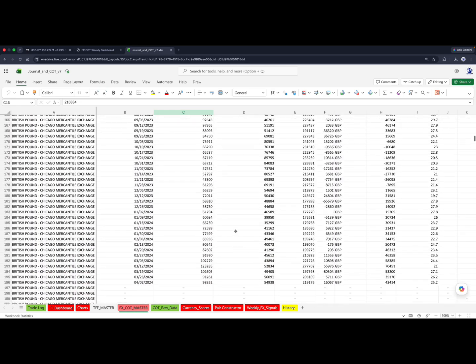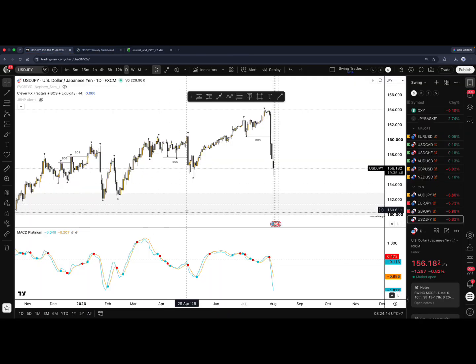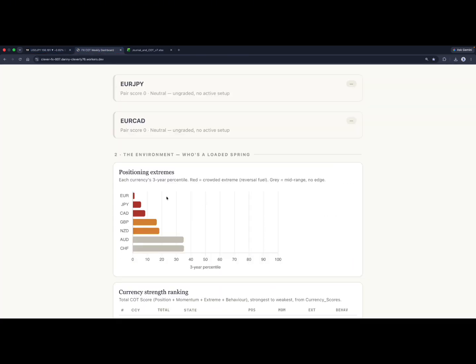This is a massive amount of data, and every single backtest that I've compiled suggests that when a currency sits at the floor of a 3-year percentile check, so what it's been doing over the last 3 years, it's found that the euro right now is at 1.2 percentile. So right at the very floor.